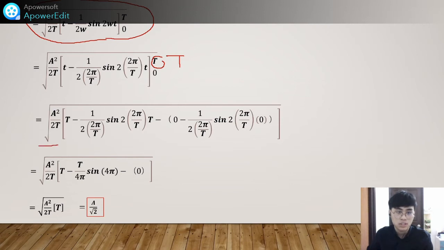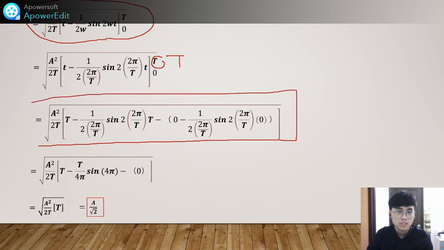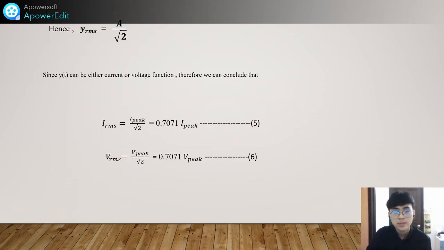Now we got this equation, and eventually we will get this final answer, which is a over square root 2. Hence we can conclude that y-RMS is equal to a over square root 2.